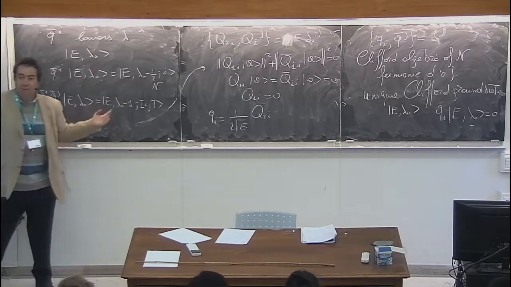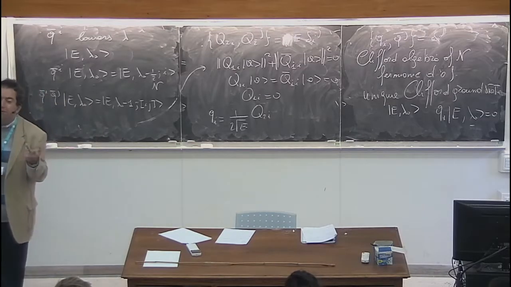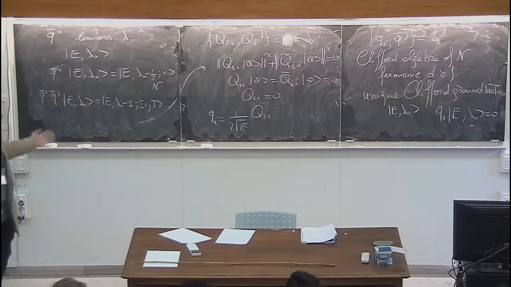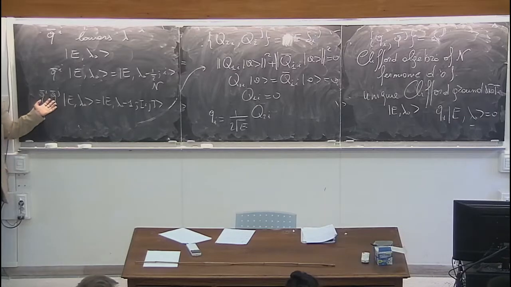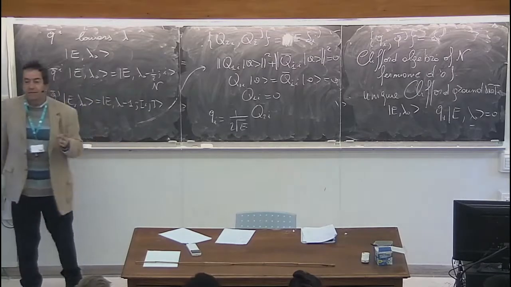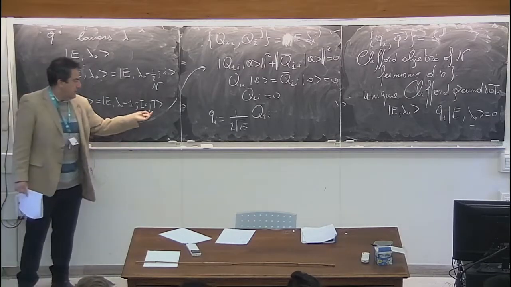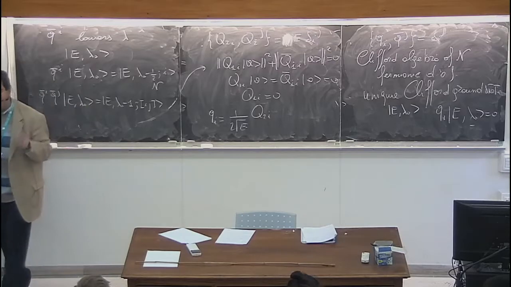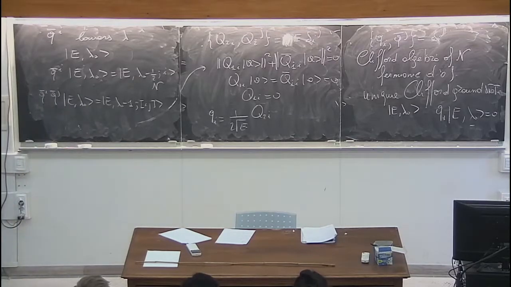So this state depends on which of these generators I use to act on the ground state, but depends on the couple of indices, in this way anti-symmetric in ij.